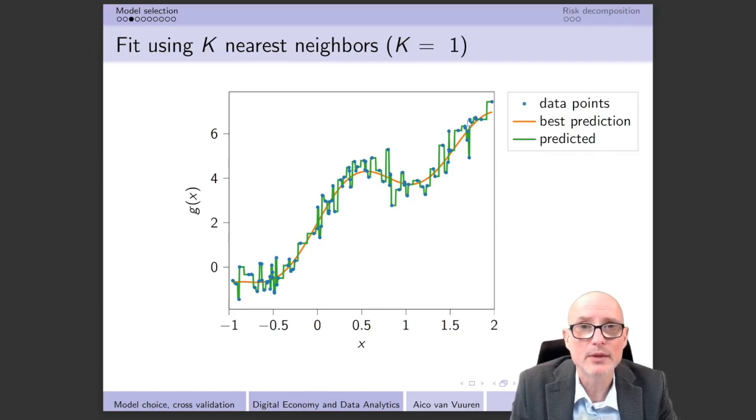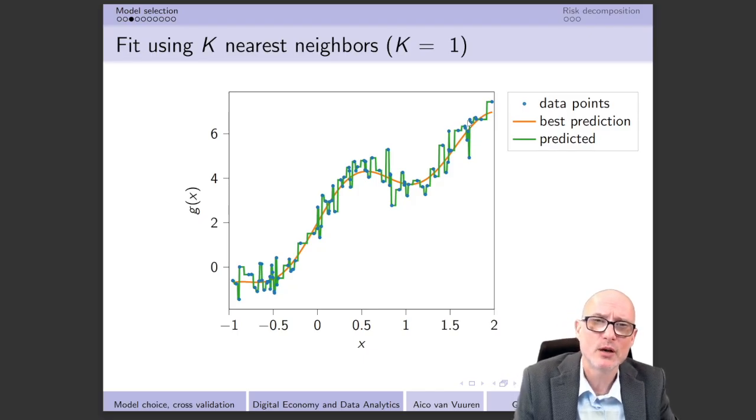Well, that has all to do with the fact that we should realize that we have done something related to cheating. By looking at a training risk, we cheat in the sense that by making our predictions, we could actually already see what we wanted to predict, namely these dots that we have over here.